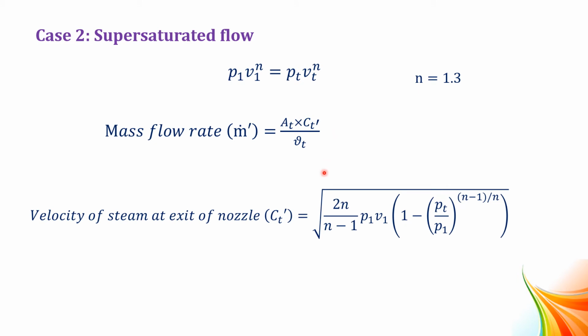Ct dash is equal to square root of 2n divided by n minus 1 P1 V1 into 1 minus Pt by P1 the whole power n minus 1 by n. Already we have found out the value of At. Now substitute these values here, we can find out the mass flow rate. Now substitute the mass flow rate in increase in mass flow rate equation, we can find out the increase in mass flow rate.